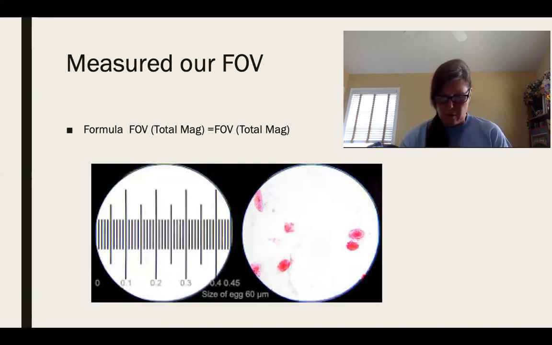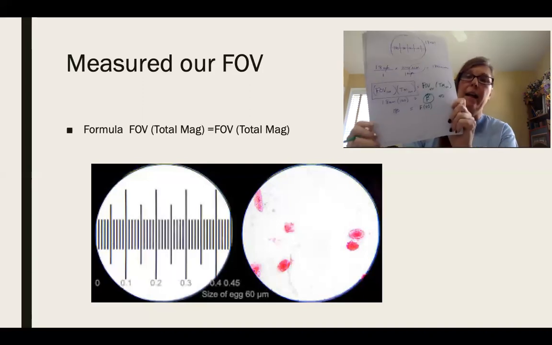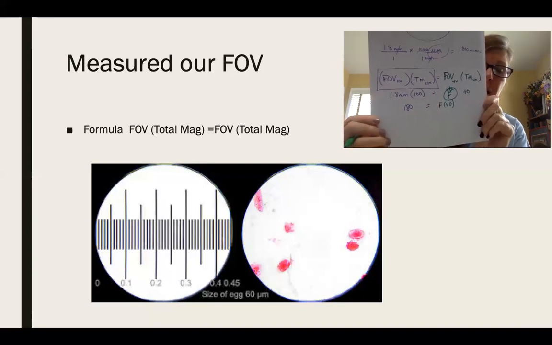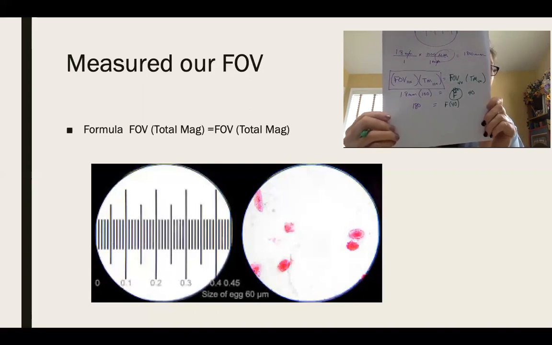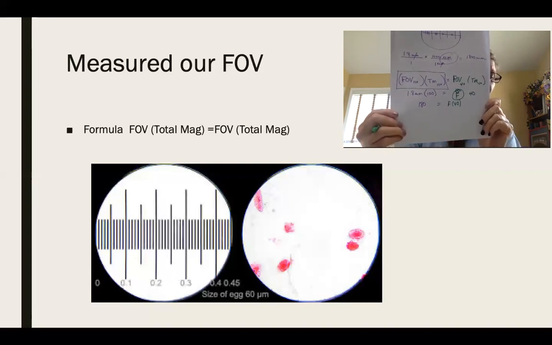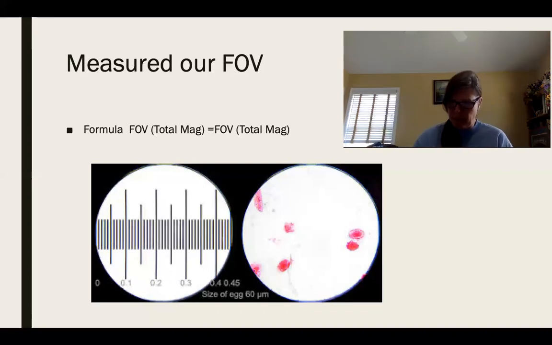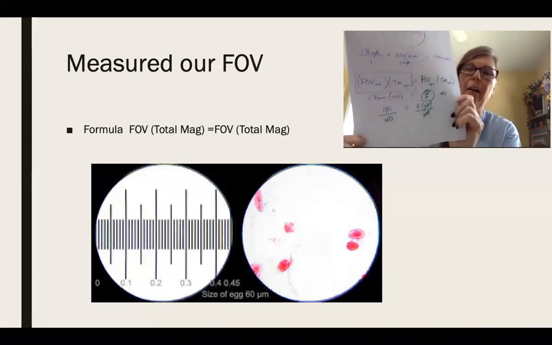All right, so it gives me 180 equals F times 40. All right, so I'm going to do this one step at a time because not everybody in this class is as comfortable with math or algebra as others. Now, hopefully you should be, and some people haven't had it in a long time. All right, so I'm going to divide both sides by 40 to get F by itself.